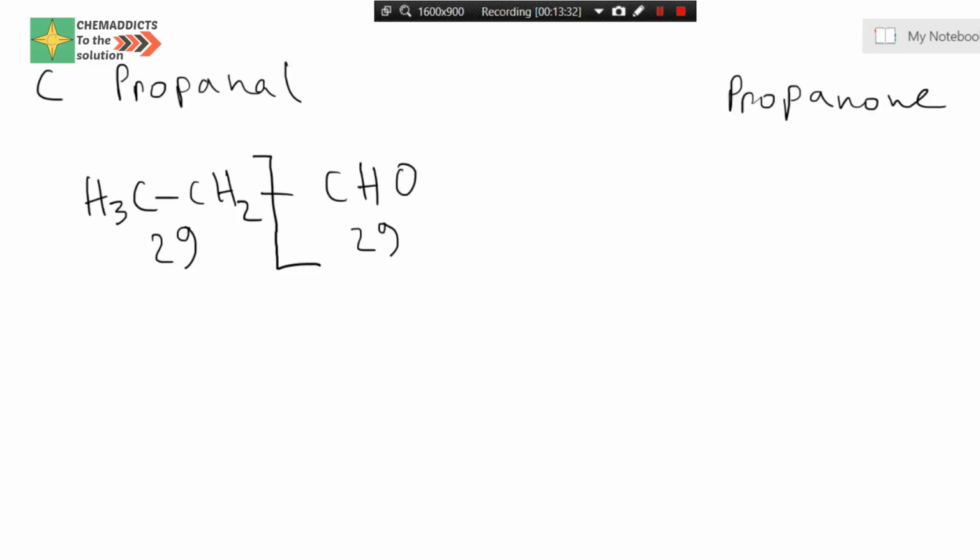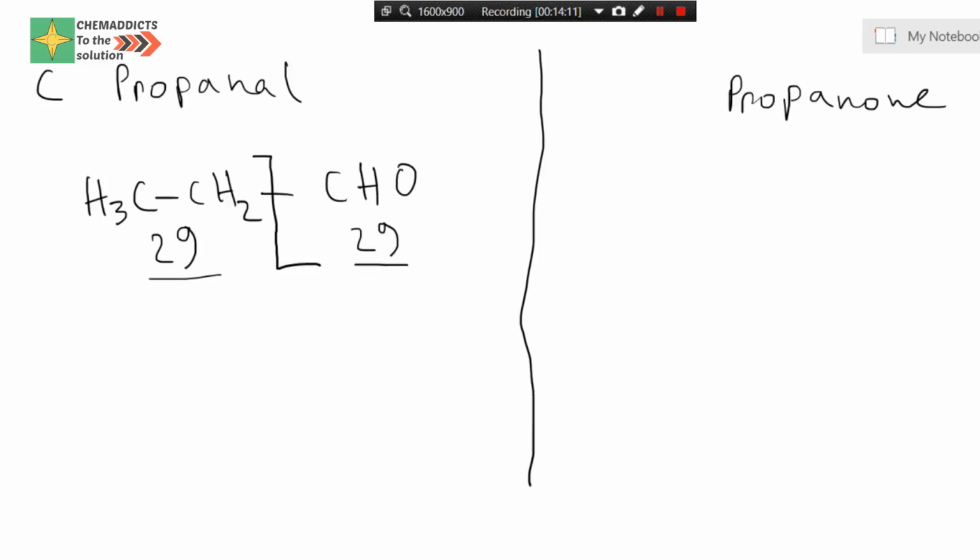So this part of the molecule has the mass number 29, and this part has the mass number 29. We're gonna fragment here, so we end up getting 29 in this part and 29 in this part. This is one fragmented molecule and this is another.